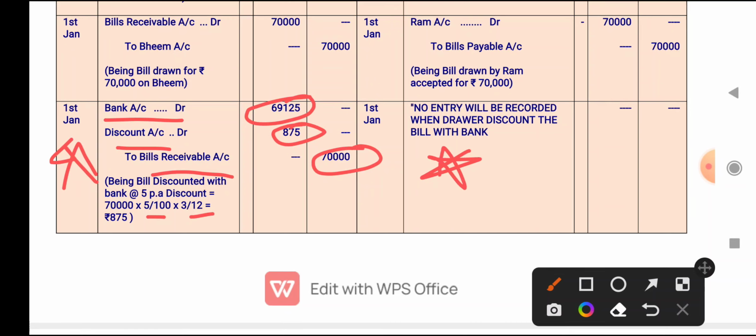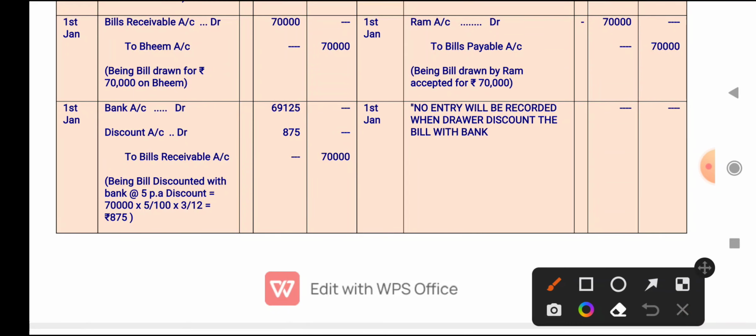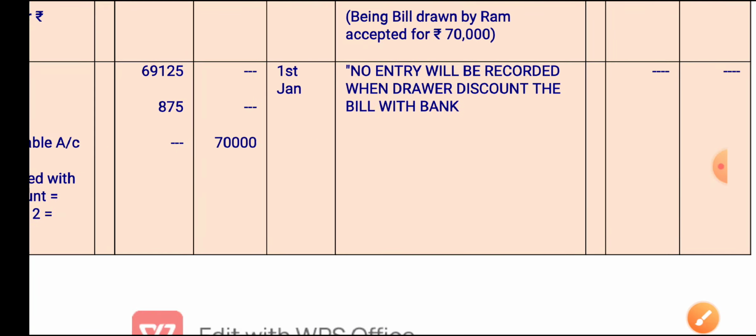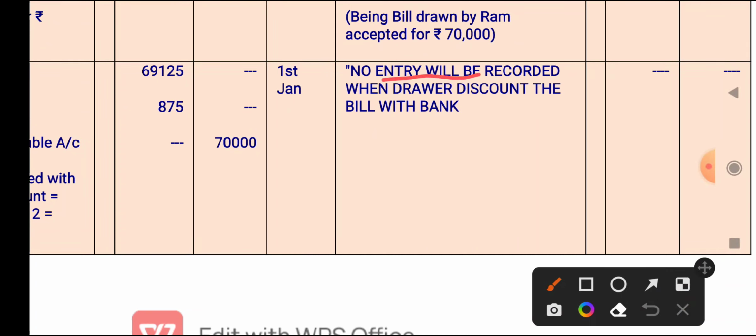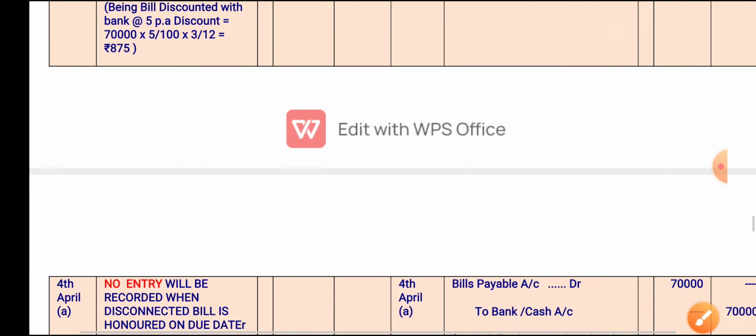Here in the books of Beam, there will not be any entry because who has discounted the bill? Ram has discounted the bill. So no entry will be recorded. I repeat, no entry will be recorded when the drawer discounts the bill with the bank. Right? Hope you have understood till here.